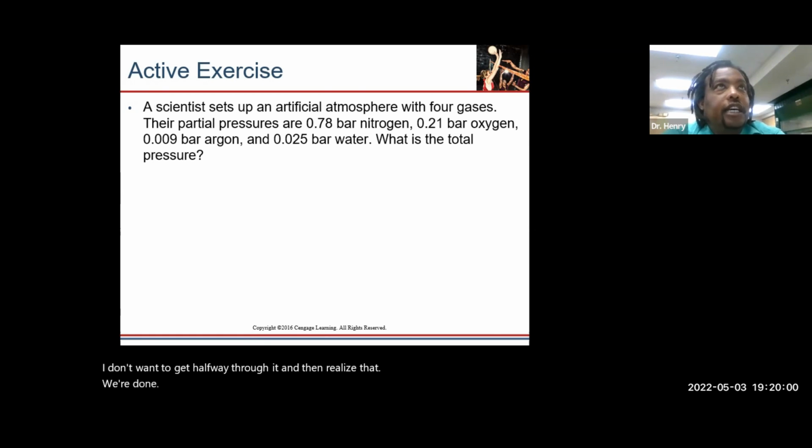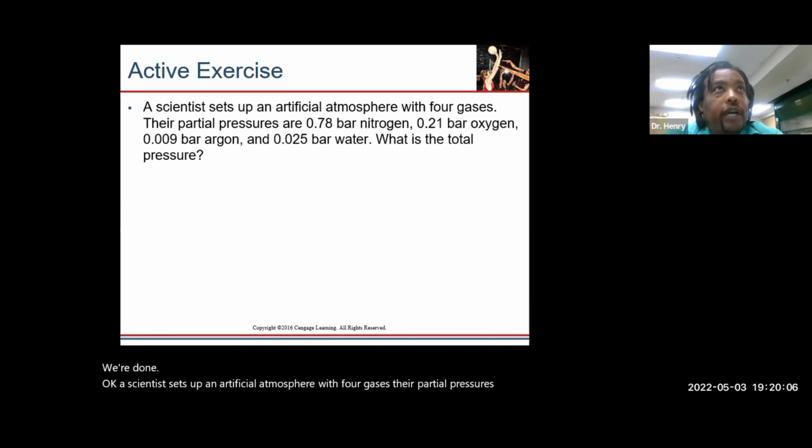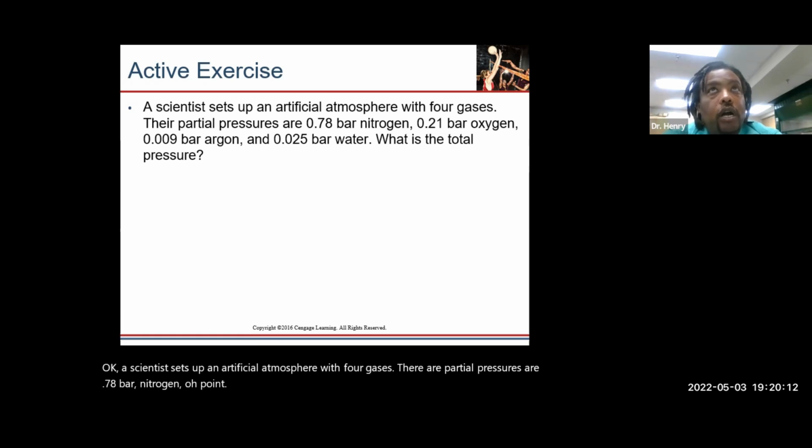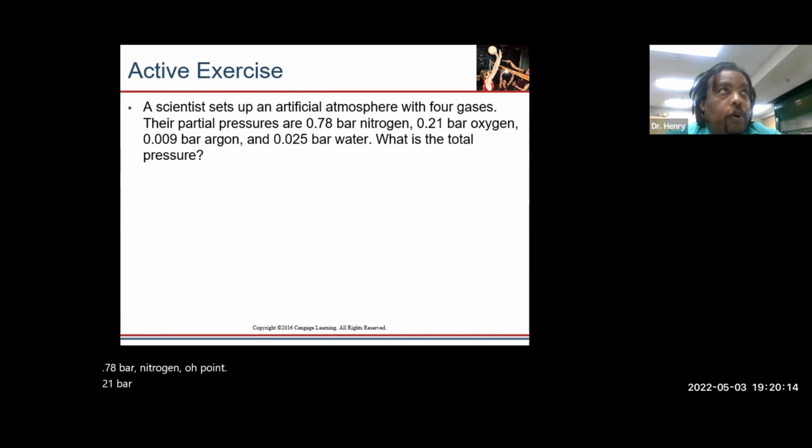Okay, a scientist sets up an artificial atmosphere with 4 gases. Their partial pressures are 0.78 bar nitrogen, 0.21 bar oxygen, 0.009 bars argon, and 0.025 bars water. What is the total pressure?